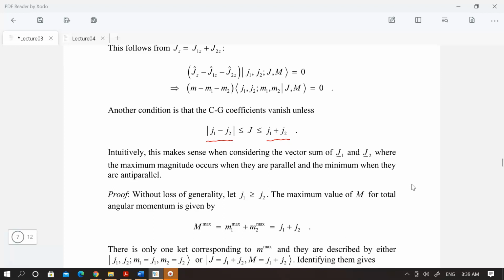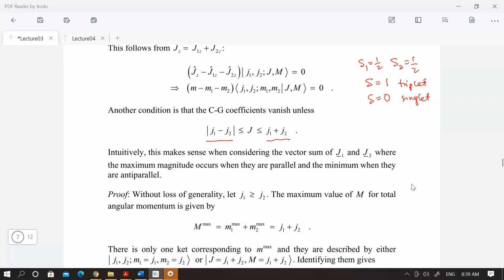Like before, for example, s1 is half and s2 is half, and you see that I have the triplet, s equals 1, which corresponds to s1 plus s2, and then the other one is s equals 0, which corresponds to s1 minus s2, which just gives you the singlet.